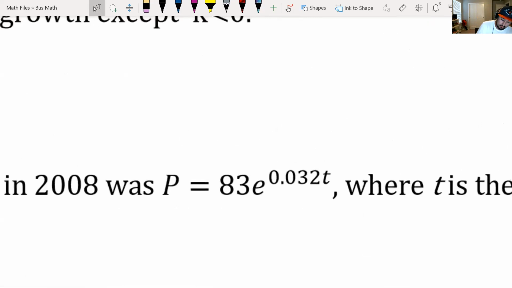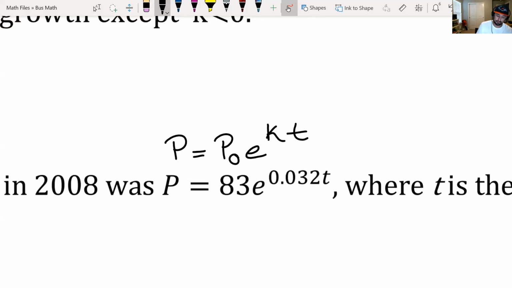Here, we have to see this equation as P equals, what are we going to say for population? P initial times e to the kt.